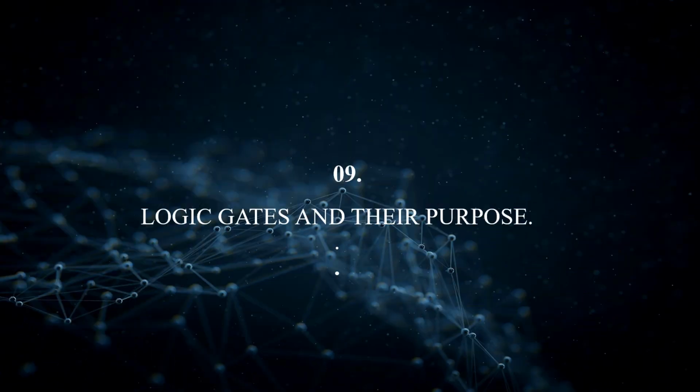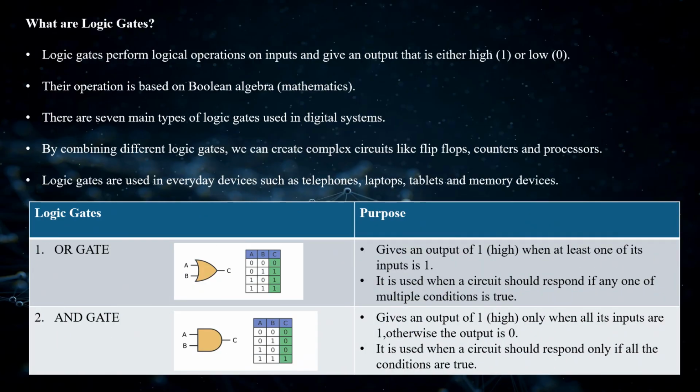Now, let's take a look at logic gates and what they are used for. Logic gates are small electronic circuits that make simple yes or no decisions. They take inputs of 0 or 1 and give an output of 0 or 1.